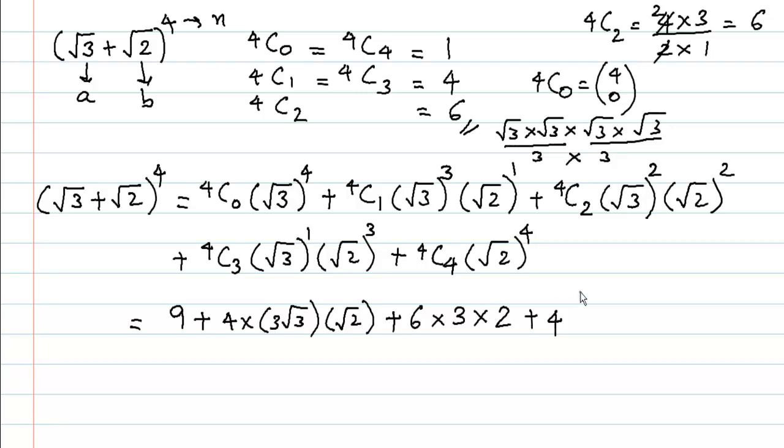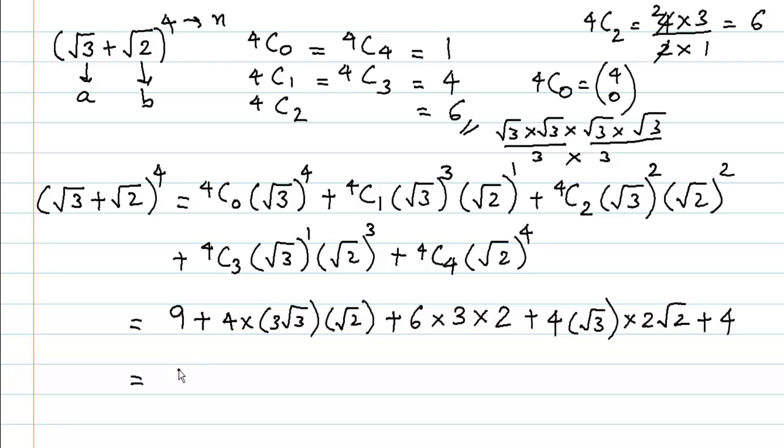Root 3 raised to 1 is root 3, and root 2 cubed. So we have root 2 into root 2 into root 2. So root 2 into root 2 is 2. 2 into root 2 is 2 root 2. Plus 4c4. 4c4 is 1. We can ignore that. Root 2 raised to 4. So root 2 into root 2 is 2. 2 into 2 is 4.